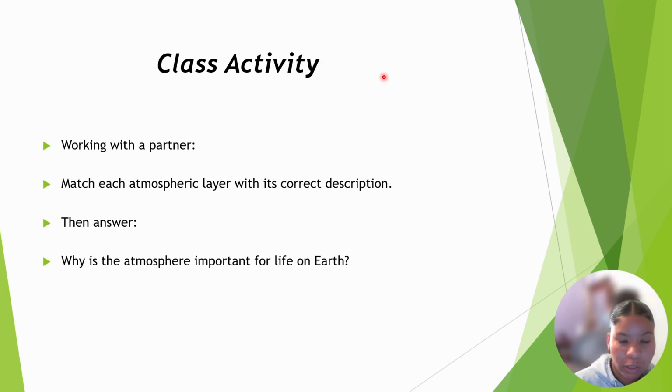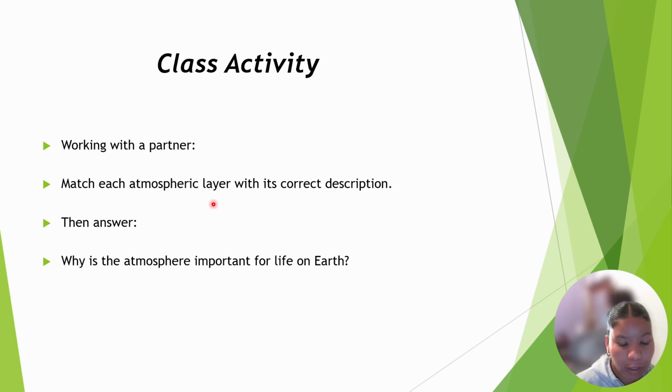So after all that knowledge we got, which was very short, after presenting the presentation, you can tell your learners, put them into groups, working groups, have them work with partners, and give them an activity to test their knowledge on what they've just learned.